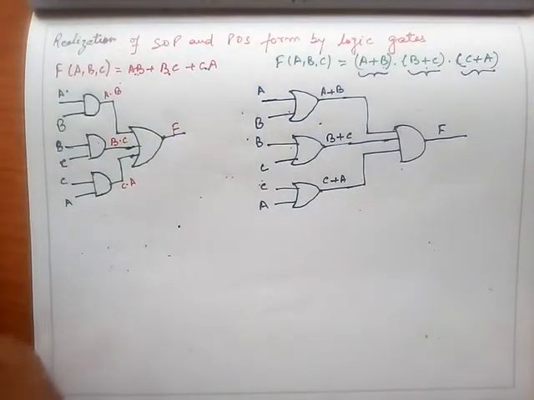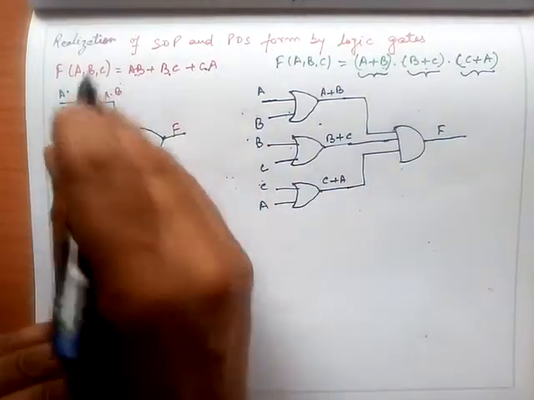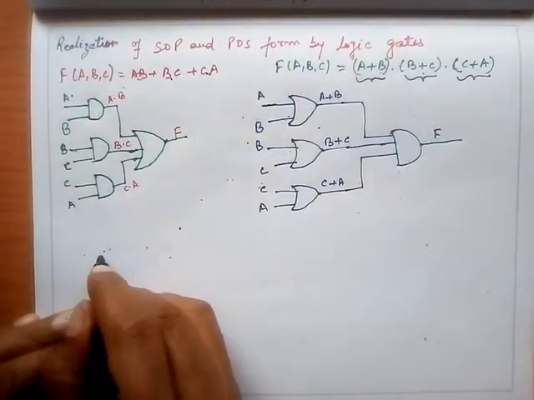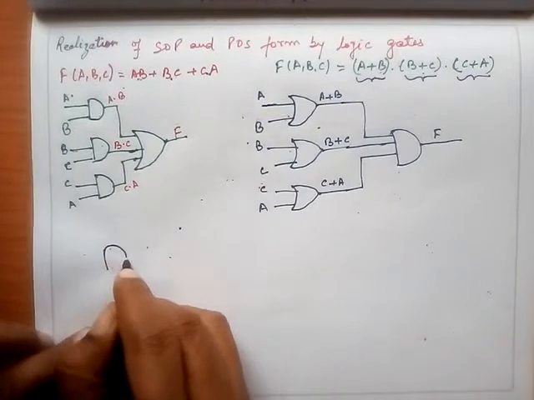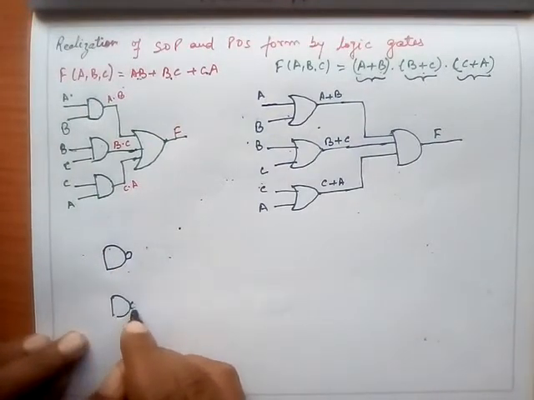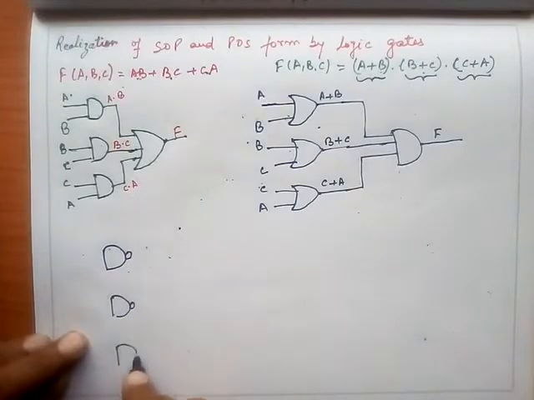Before I come to universal gates, let me give you an idea about this. In spite of this, I apply the same thing here. I apply a NAND gate here, a NAND gate at this stage, and a NAND gate at this stage.